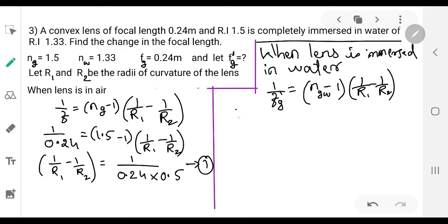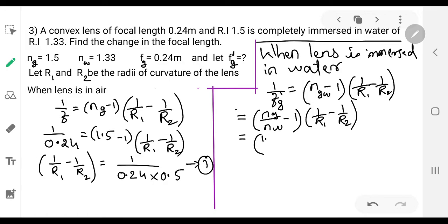Ngw you can write as ng/nw. Substitute the values of ng and nw, that is (1.5/1.33 - 1). In place of 1/R1 - 1/R2, substitute the value from equation 1.